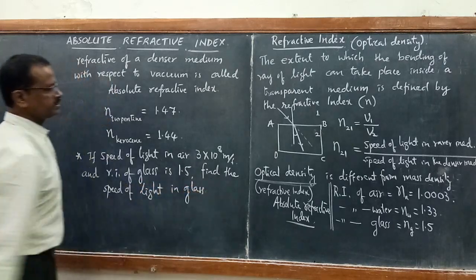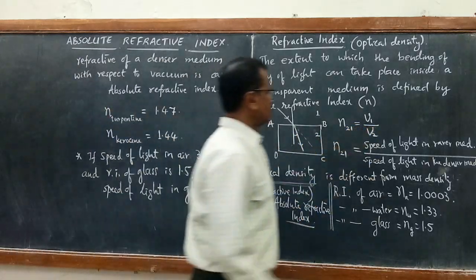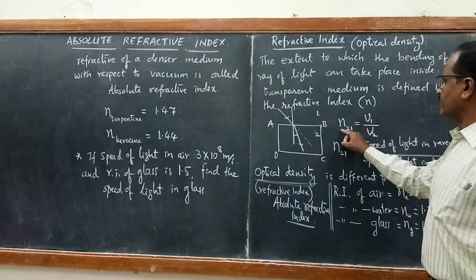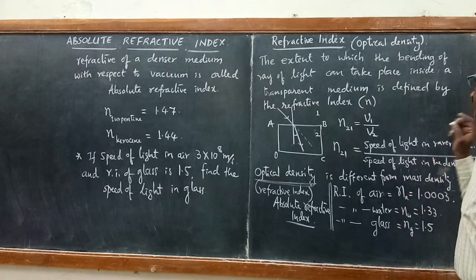So I gave you the equation: refractive index is given by speed of light in rarer medium to the speed of light in denser medium.